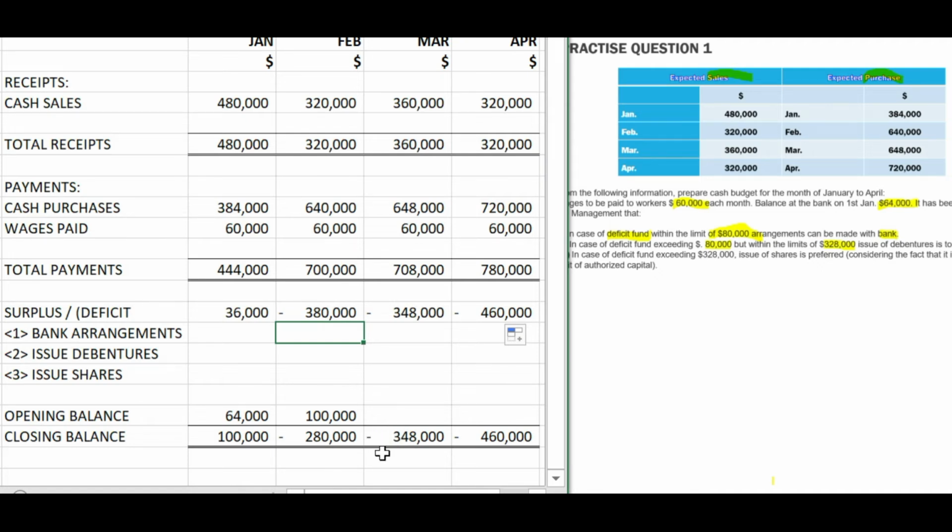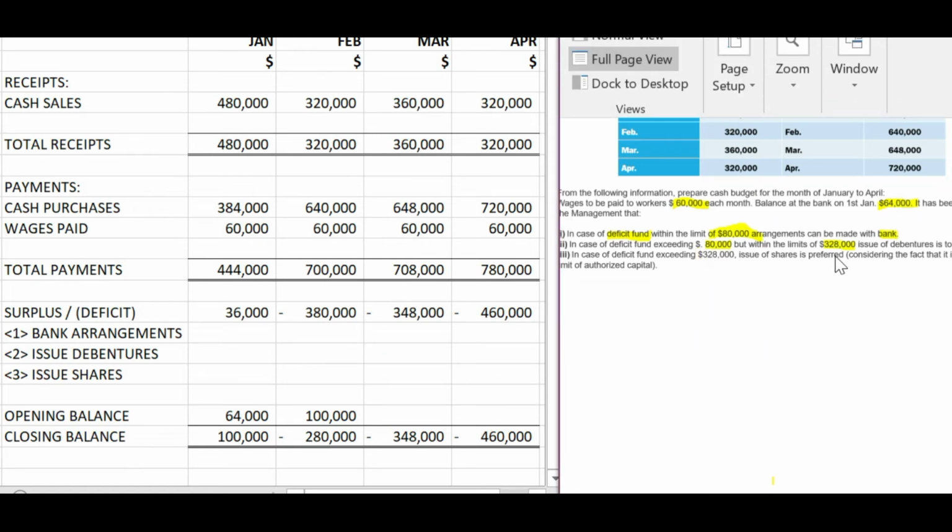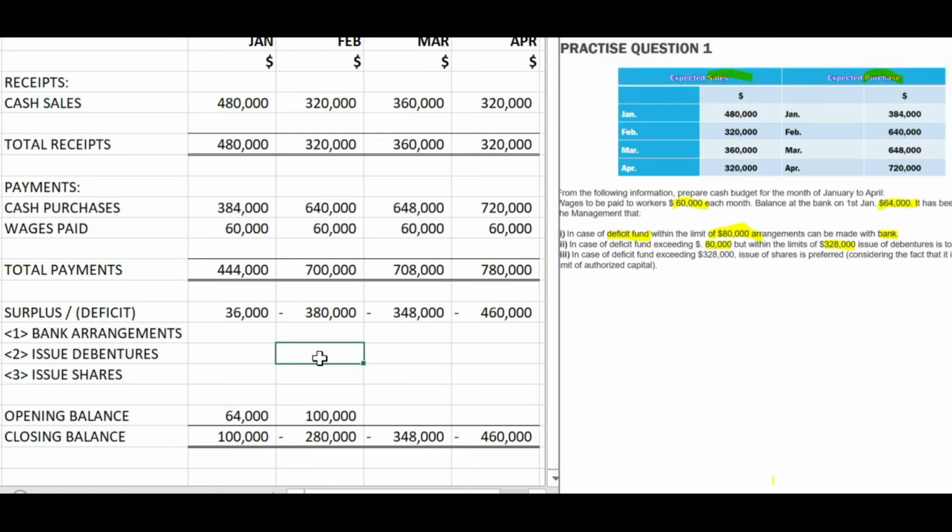Looking at the scenarios given to us, 280,000 is scenario number 2 because it is within 80,000 to 328,000, so we will use the debentures. The whole amount of 280,000 we will get from issuing debentures.